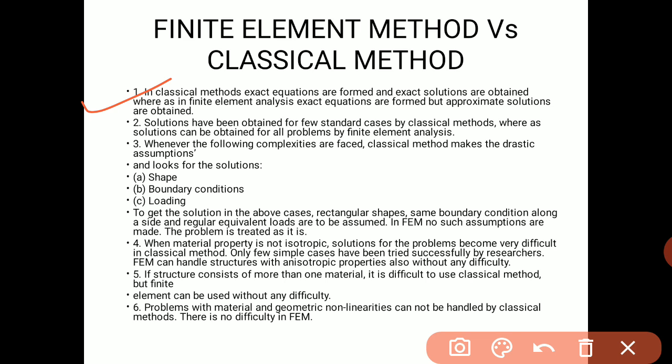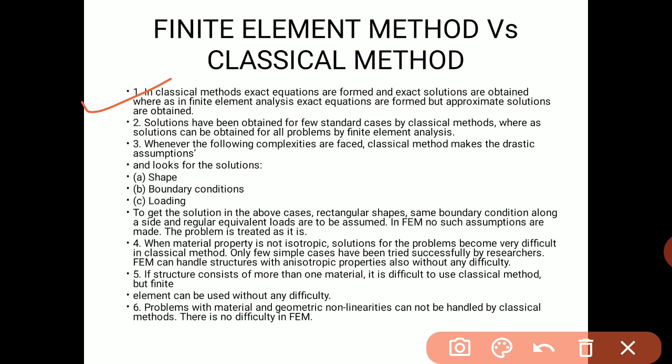Whenever complexities are faced, the classical method makes drastic assumptions about shape, boundary condition, and loading. We assumed in the starting that it is for a definite shape. These assumptions are not needed in finite element analysis, since it is free for all shapes, all boundary conditions, and all complexity.